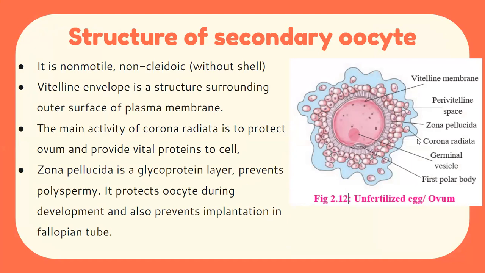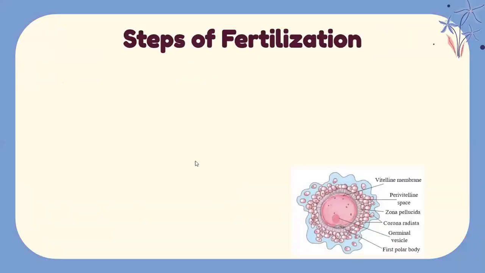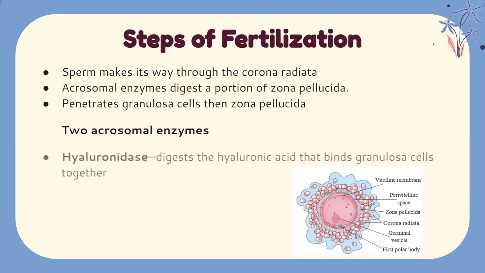Zona pellucida and corona radiata are more for giving protection to the cell. Vitelline membrane is also giving protection to the secondary oocyte. Then we saw a general understanding of fertilization and the secondary oocyte when we were discussing oogenesis. It is arrested at meiosis 1. So once the fertilization takes place, the remaining meiosis 2 will happen.